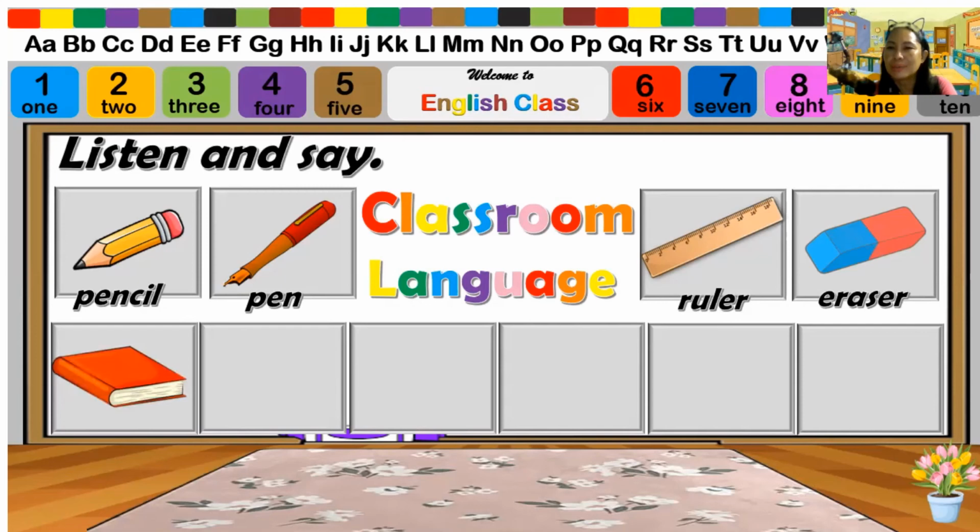Okay, the next, what do you want to borrow? A book. Good job. Okay, how are you going to ask? That's correct. May I borrow your book, please? And then we have, what do you want to borrow? That's correct, a notebook.